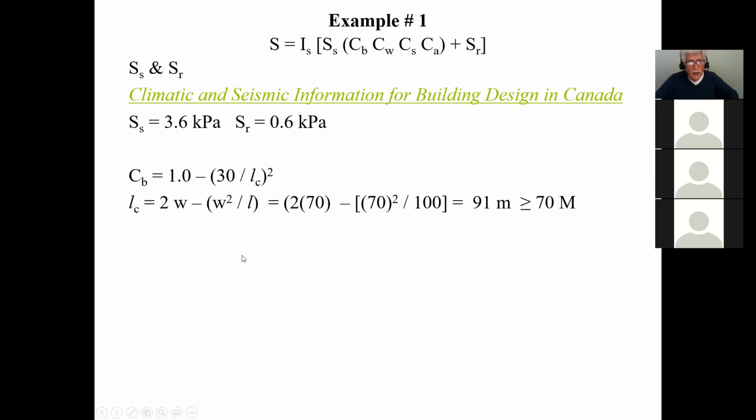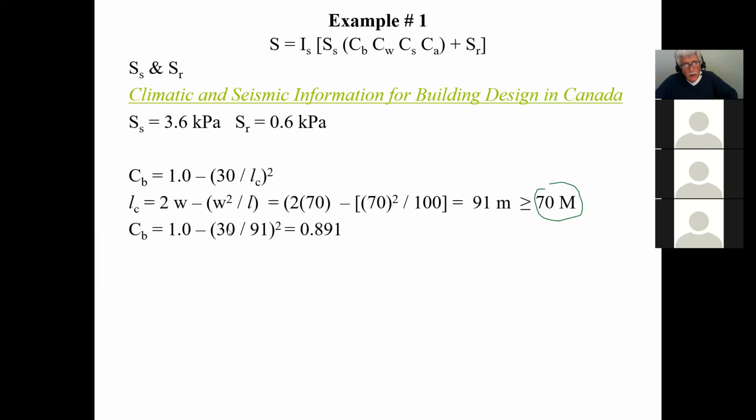If I put this here, you see that when I work out this formula, I happen to have it's greater than 70, and therefore the CB value will no longer be 0.8. It will be greater than 0.8, and therefore I have to calculate the value of CB in this case.